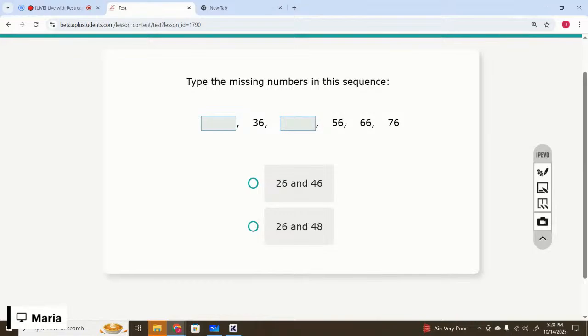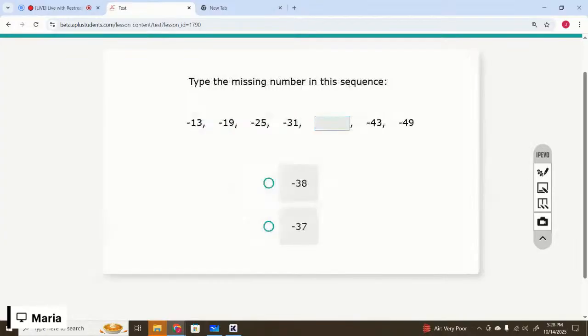Type the missing number in the sequence. That is 26 and 46. The next one is negative 37.